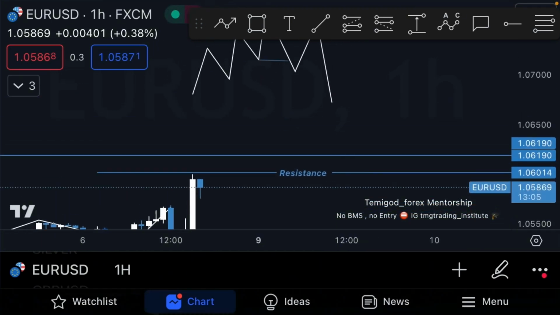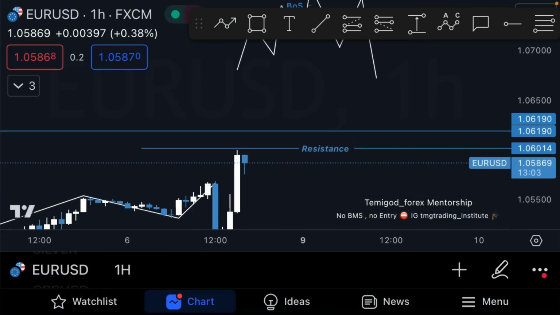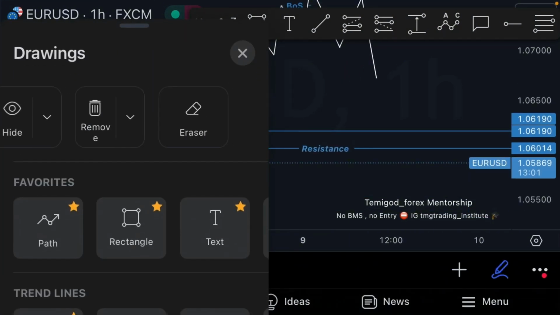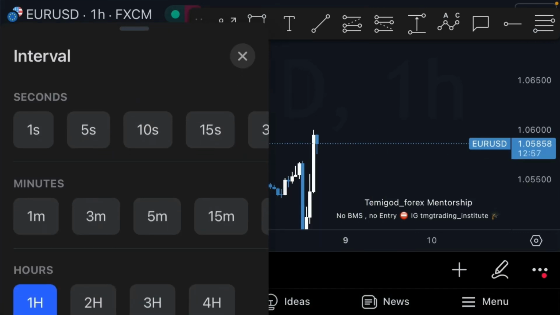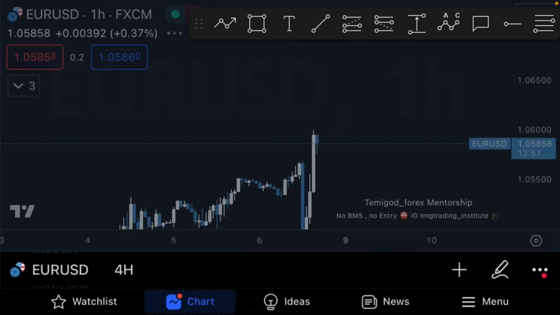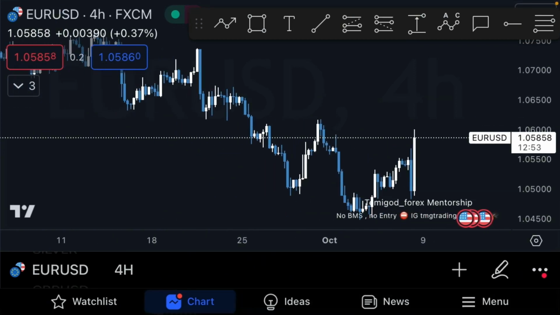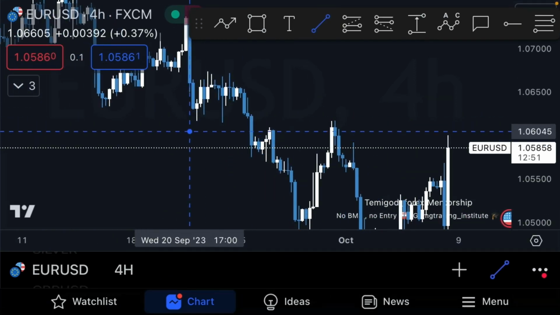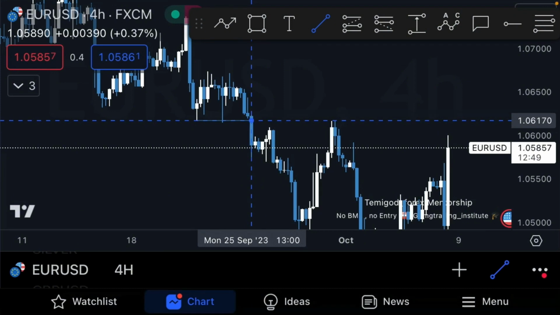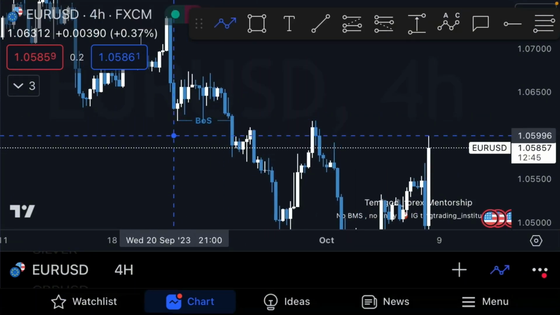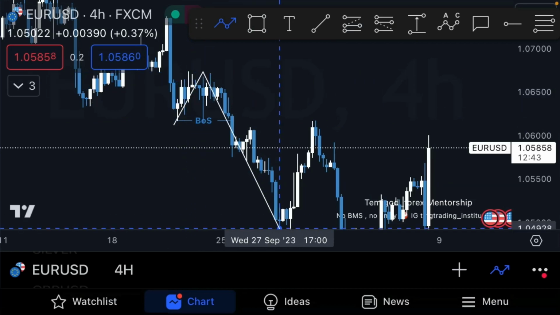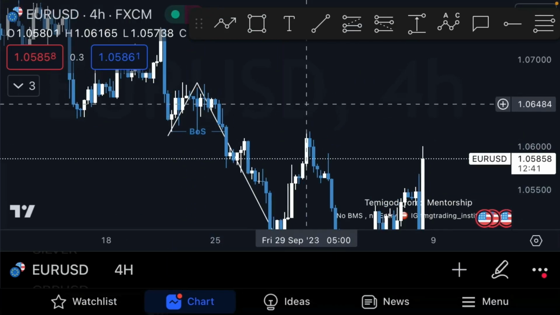Now that is what a supply zone actually looks like. So let's go to the chart and check out some supply zones. Now let's check for the 4-hour time frame. Now look at this area that prices broke down. This area was broken, so we had this high and we had this low, leaving this clear imbalance.